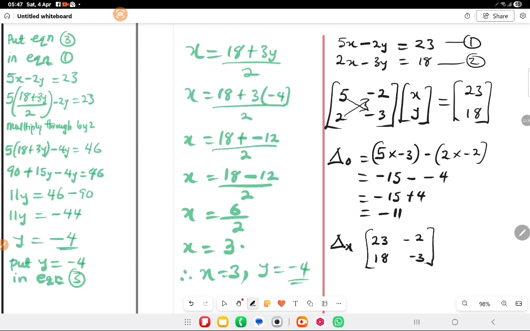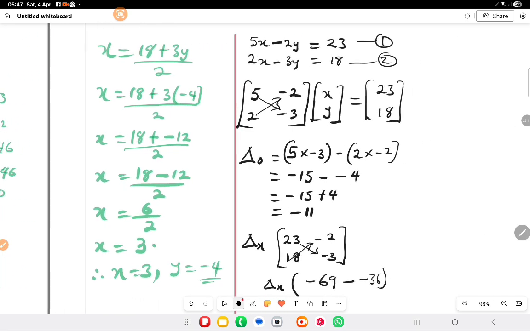We still multiply diagonally. 23 times minus 3 gives us minus 69, minus 18 times minus 2 gives us minus 36.